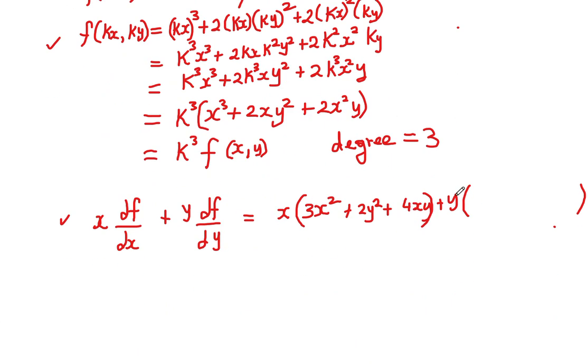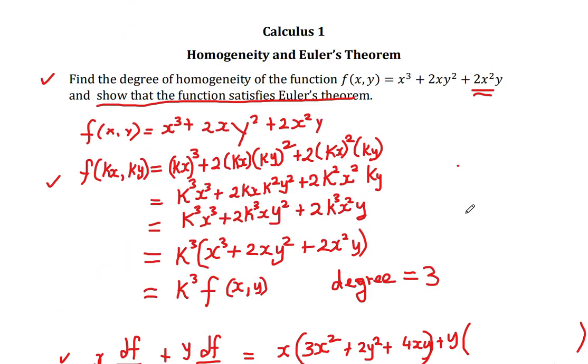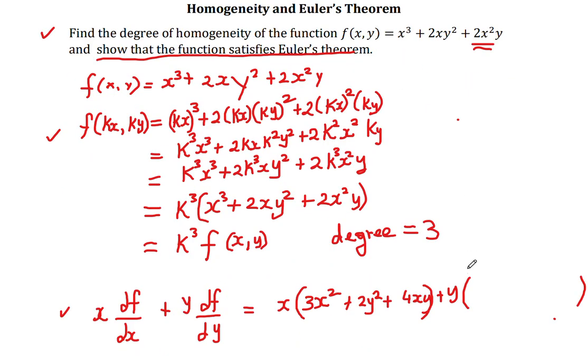So let us now multiply y by the derivative of the function with respect to y. When we're differentiating with respect to y, we're going to treat x, the other variable in the function, as if it is a constant. Differentiating this function with respect to y, there is no y in the first expression, x cubed. So treating x cubed as a constant, when you differentiate a constant standing on its own, you get 0. Now let's differentiate 2xy squared.